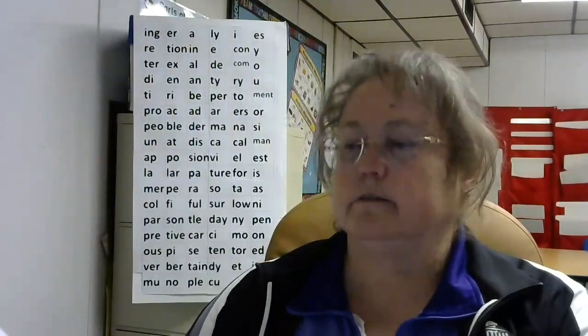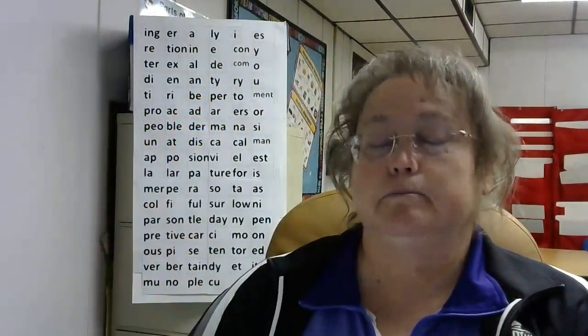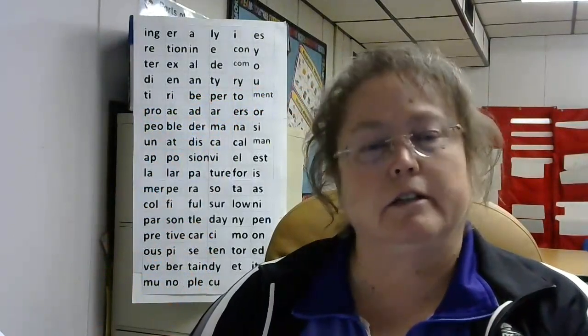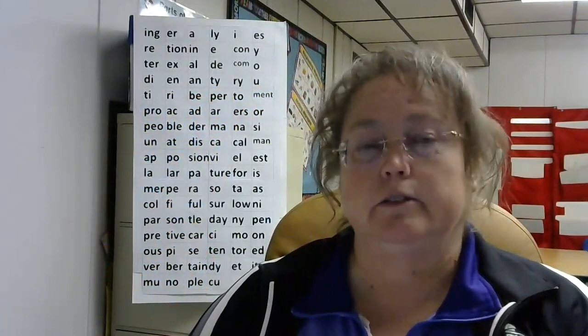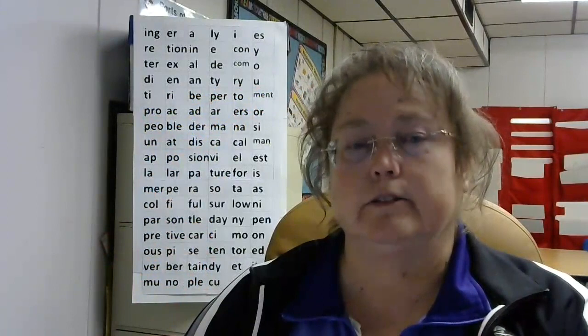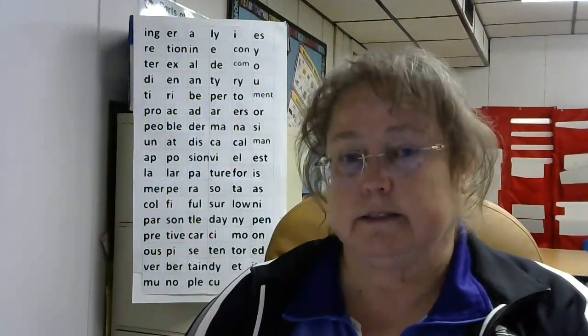Page 7, this true, false, and why activity is also personal opinion, and there is no right or wrong answer. For example, some people might answer true and some people might answer false on the very same question. So there's no right or wrong answer. You just have to support your answer with your reason.